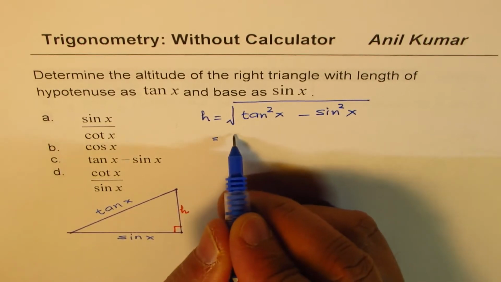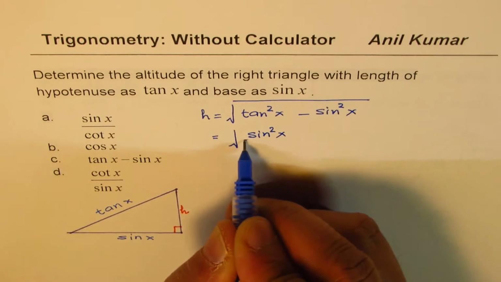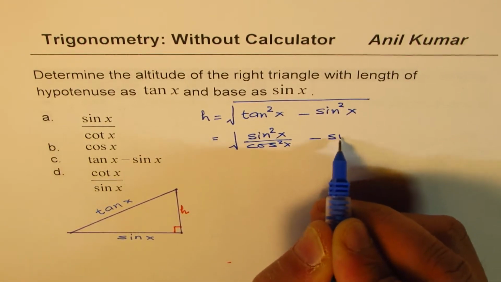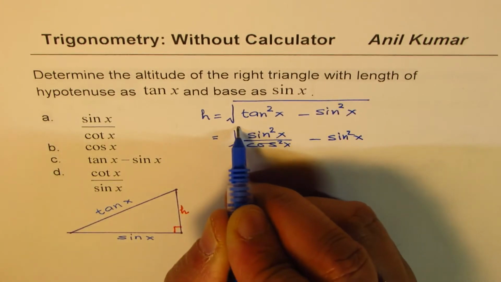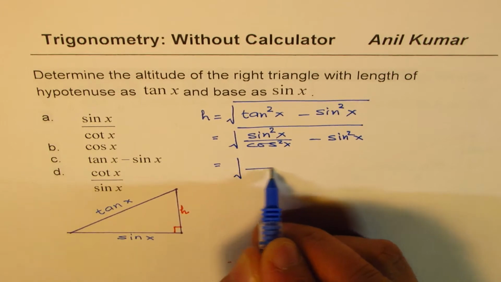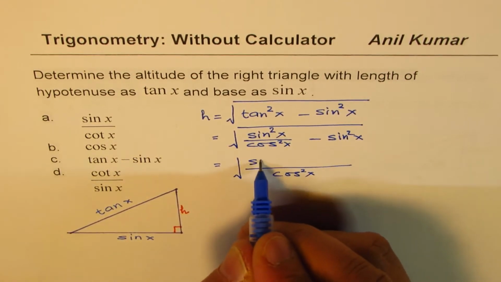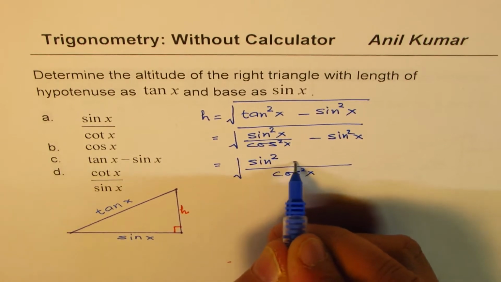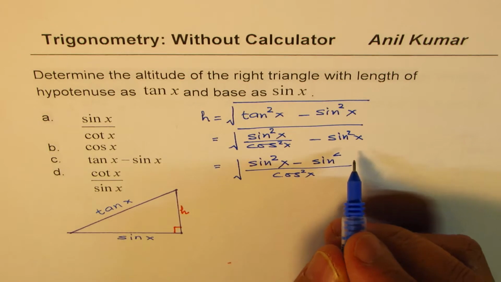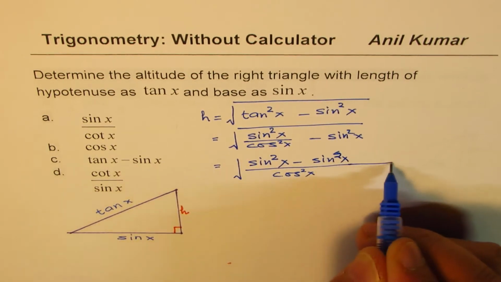Now if I write tan as sine over cos, I get sine square x over cos square x minus sine square x, everything within square root. We can take cos square x as common denominator, and we get sine square x minus sine square x cos square x, sorry.